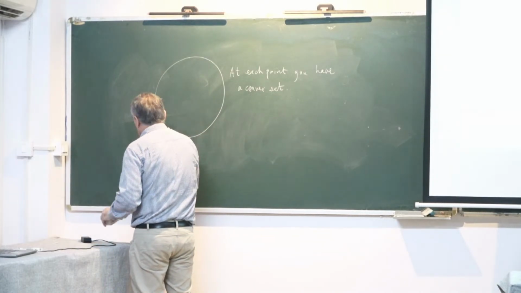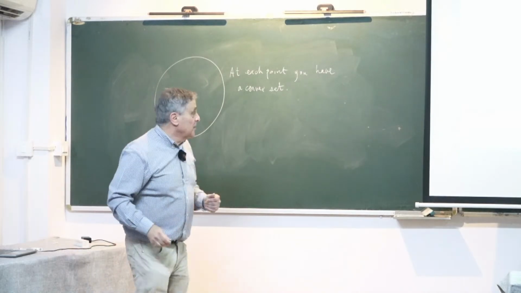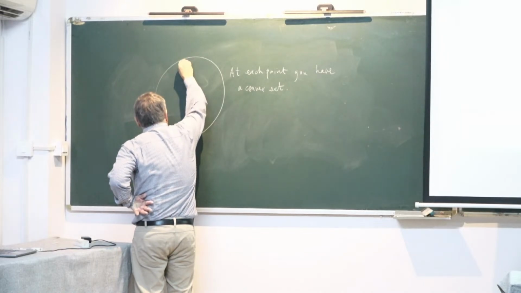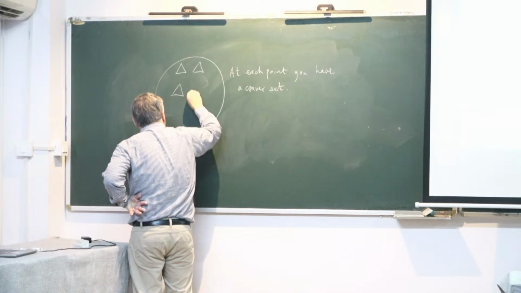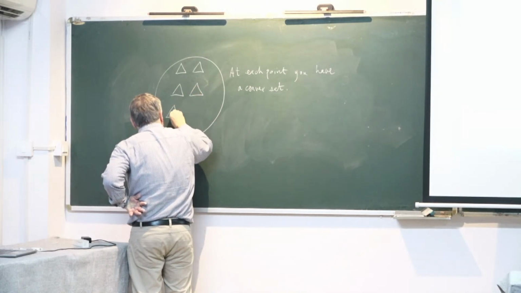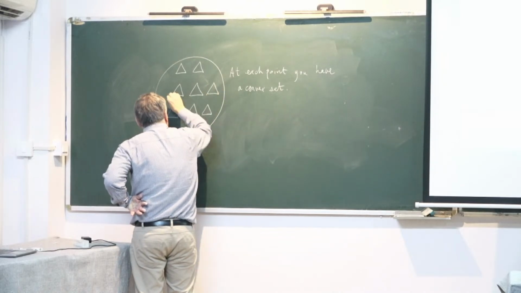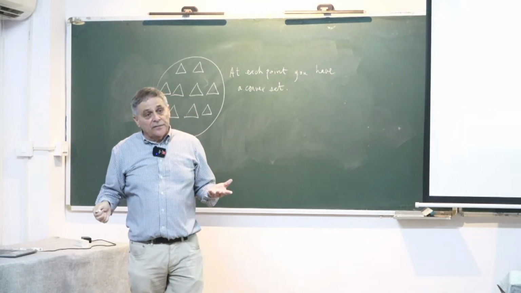So you know what is a convex set in the plane. One example of a convex set in the plane is this equilateral triangle. It's a convex set in the plane.